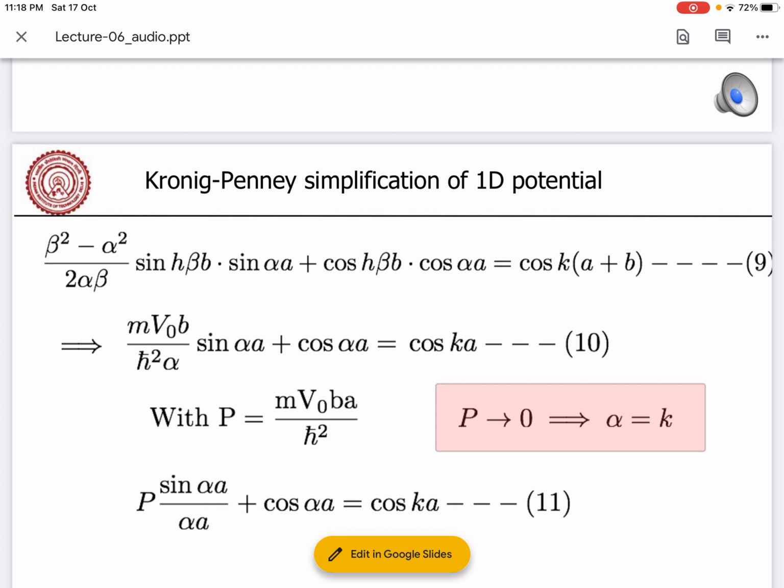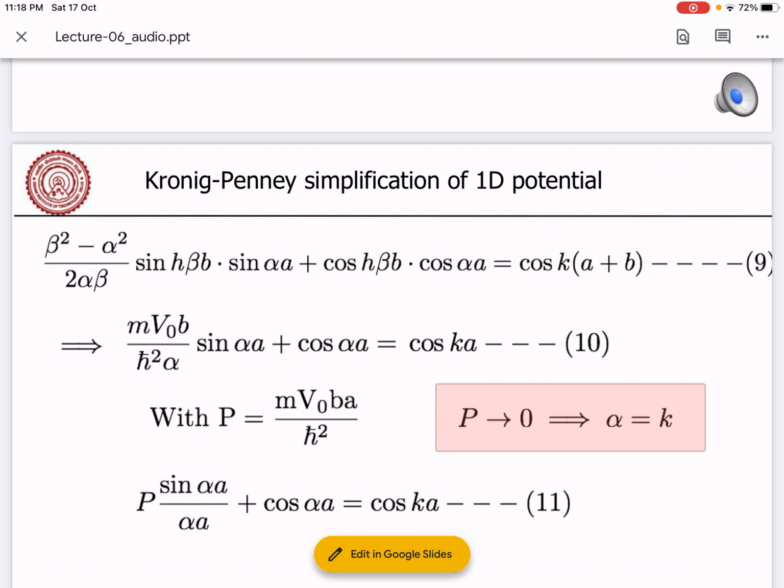If P tends to 0, that means V0 is nearly equal to 0, so that is very weak binding. In that case, alpha will be equal to K from equation 10, right.